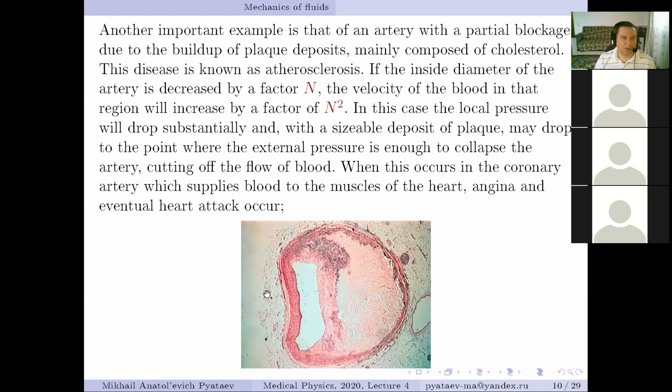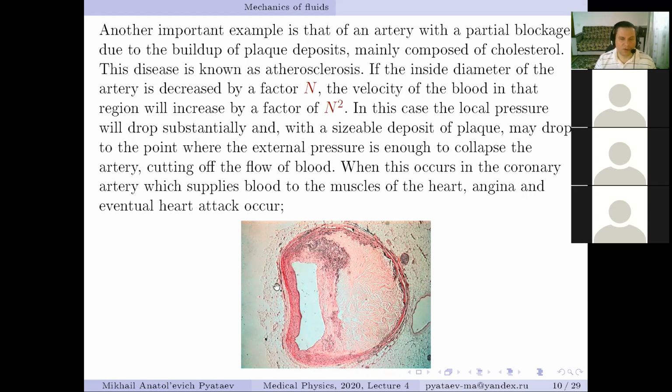Well, another example is an artery with a partial blockage. For example, this is a deposit which partially blocks the vessel cross-section. So the vessel cross-section becomes smaller, and one can assume the smaller the cross-section, the larger the pressure. But Bernoulli's principle states that the smaller the cross-section, the larger the velocity, and the smaller the pressure.